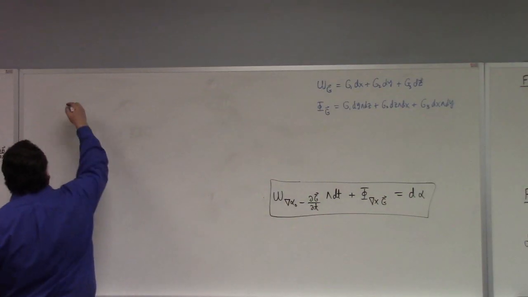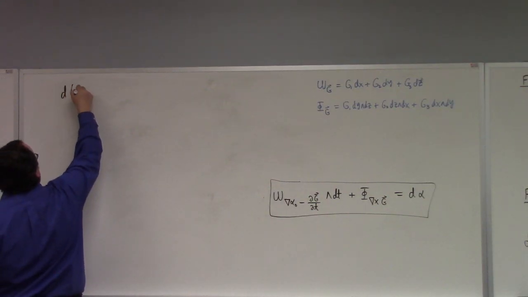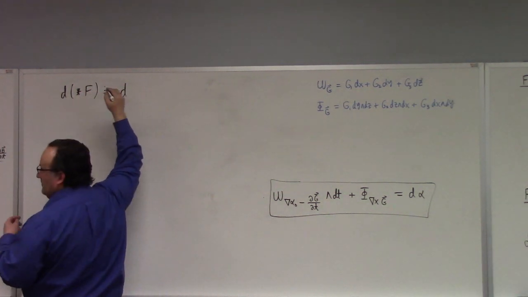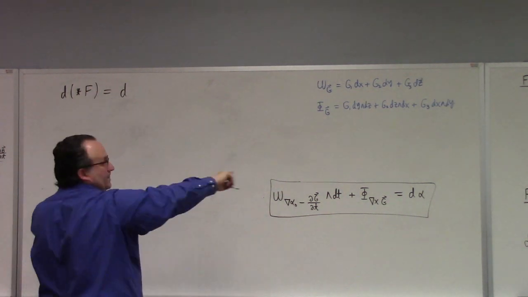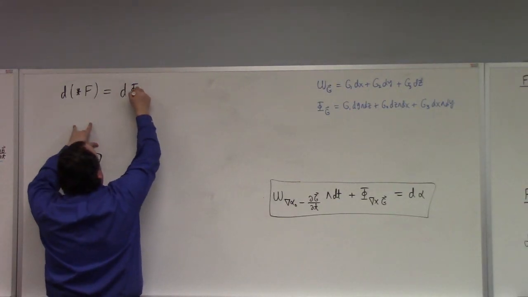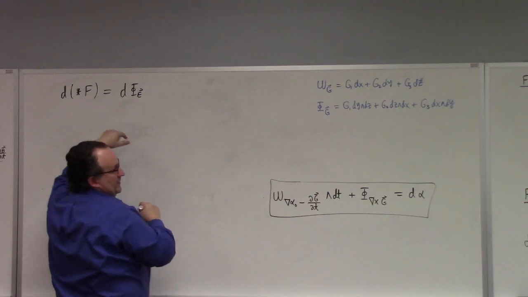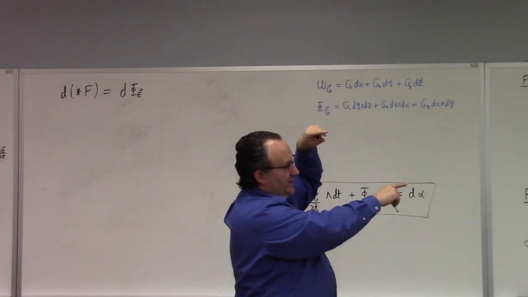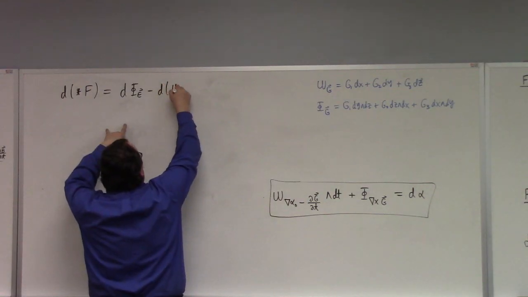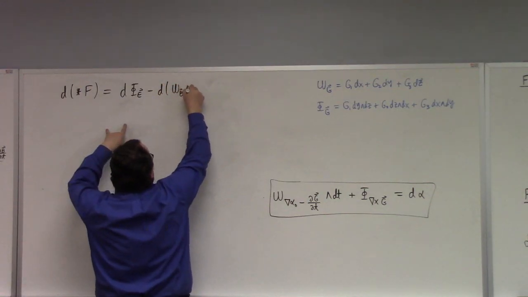So how about the exterior derivative of the Hodge dual of the Faraday tensor? How's that work? So the exterior derivative of the flux form of E, right, minus the exterior derivative of the work form of B wedge dt.